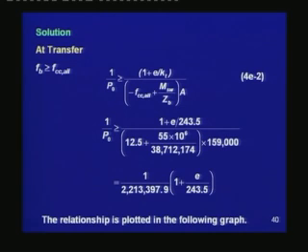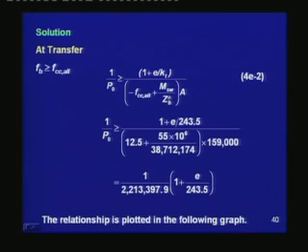The second condition is at transfer, the stress at the bottom should be greater than the compressive stress at transfer, and again this stress condition is in an algebraic sense and both these values are negative.